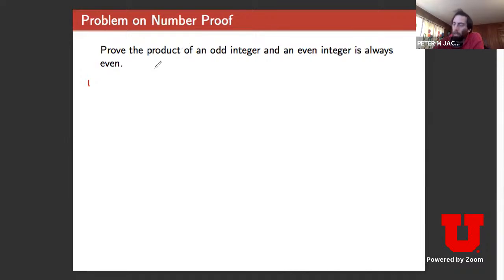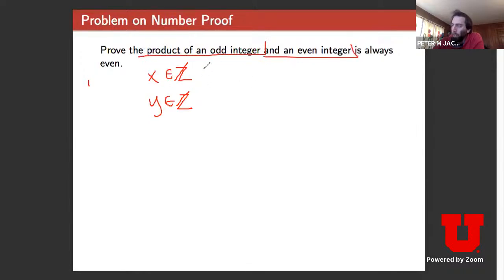Let's let our integers be x and y. So x is going to be some integer in Z, and y is going to be some integer in Z. And we're going to say that one of them is odd and one of them is even. That's the setup here.